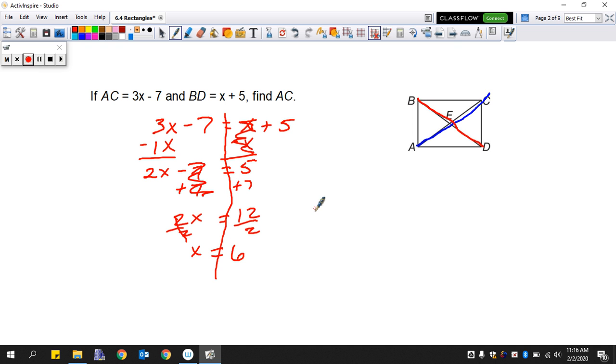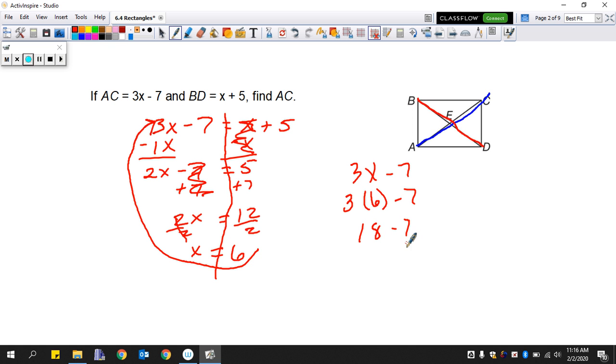Now we just plug this x value into the 3x minus 7. So x is 6, that's 3 times 6 minus 7. 3 times 6 is 18, minus 7, which gives us a length of 11.